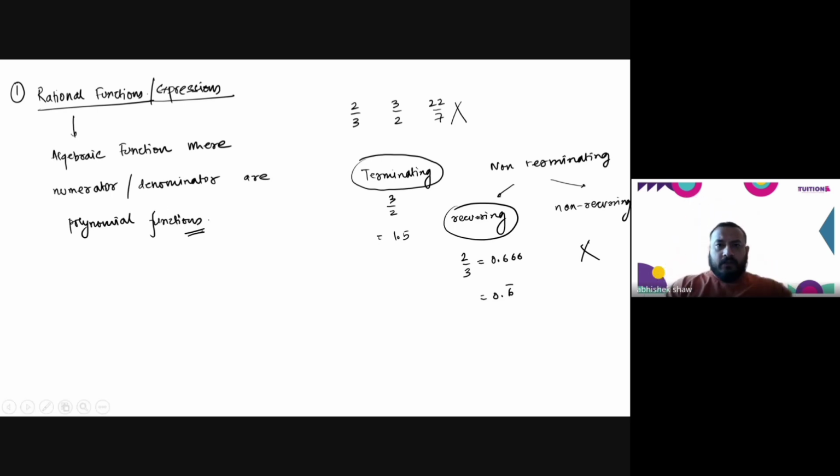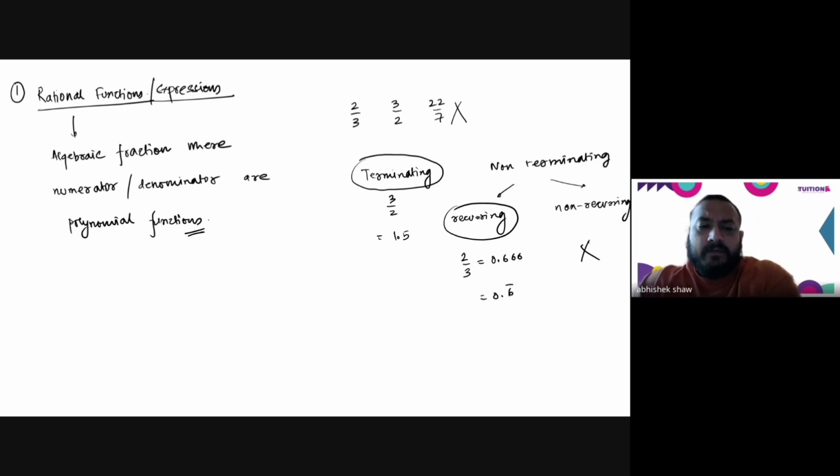So it's an algebraic fraction, or let's not write function, let's write fraction over here for the time being. It's an algebraic fraction where numerator and denominator are basically some polynomial function.